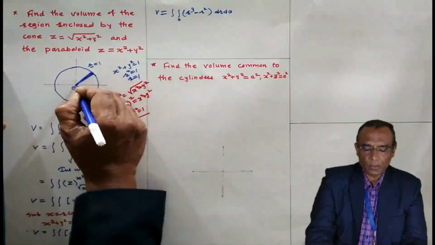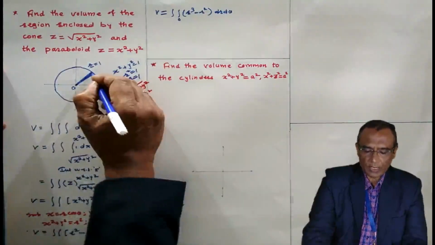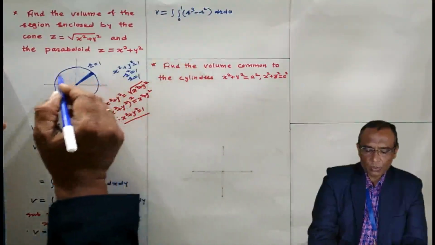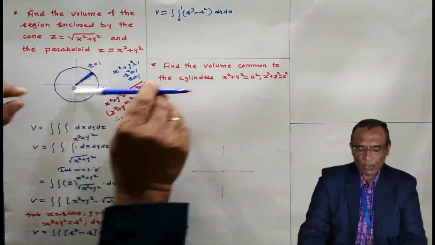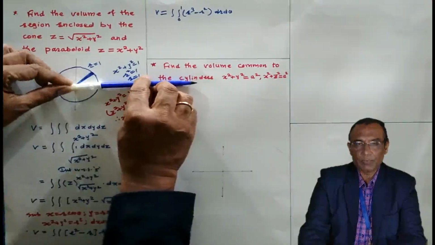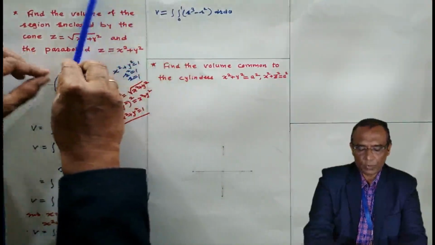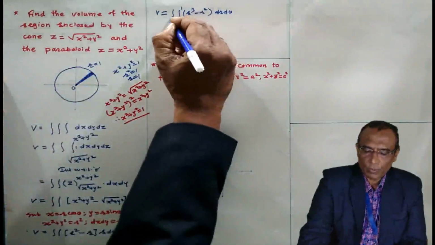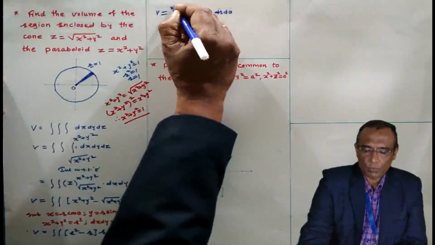At this end of the strip r is 0, the terminal end lies on the circle, therefore the value of r is 1. And in order to cover the region of integration, I have to move this strip through 0 to 360 degrees, therefore theta varies from 0 to 2 pi.